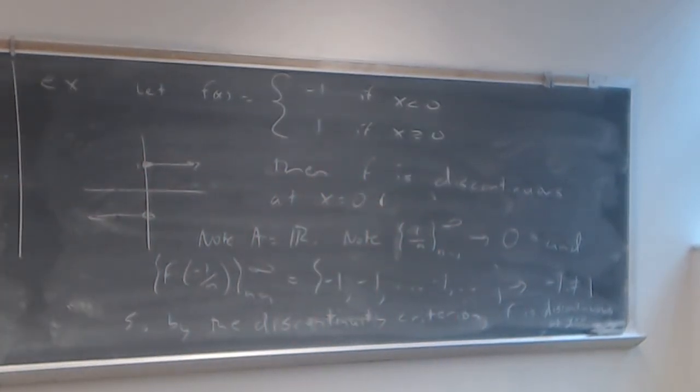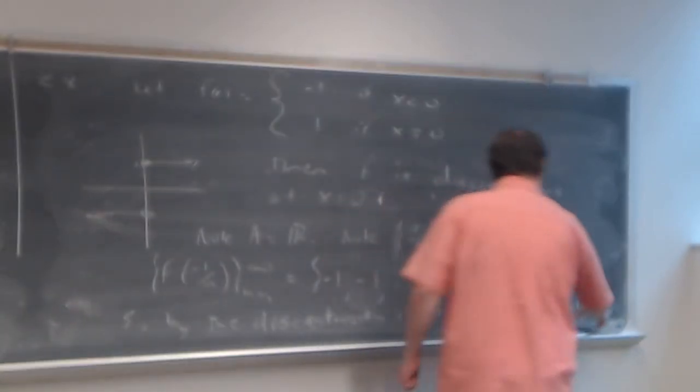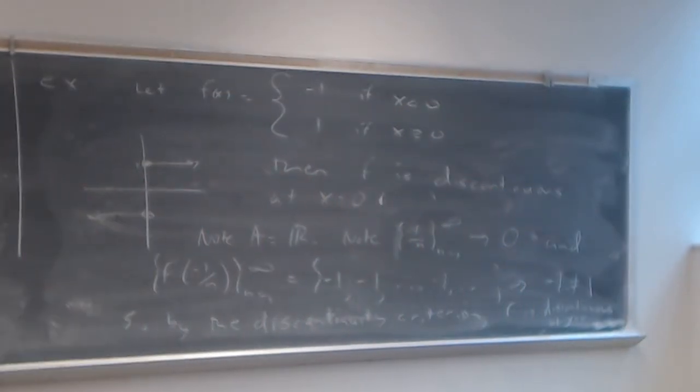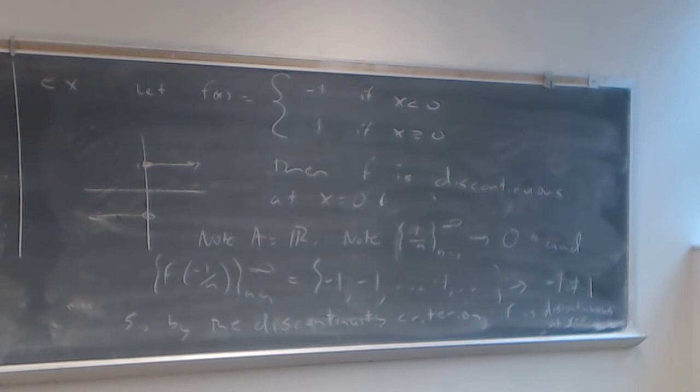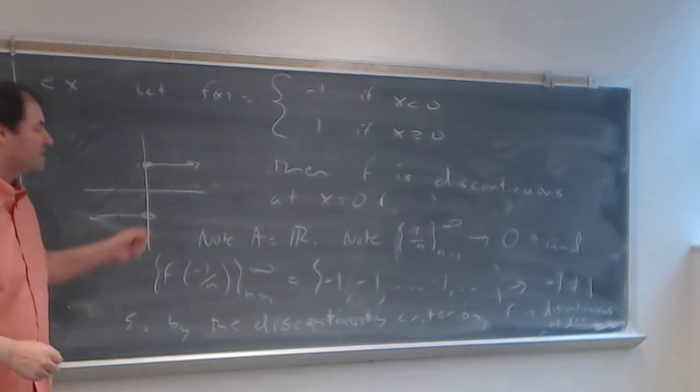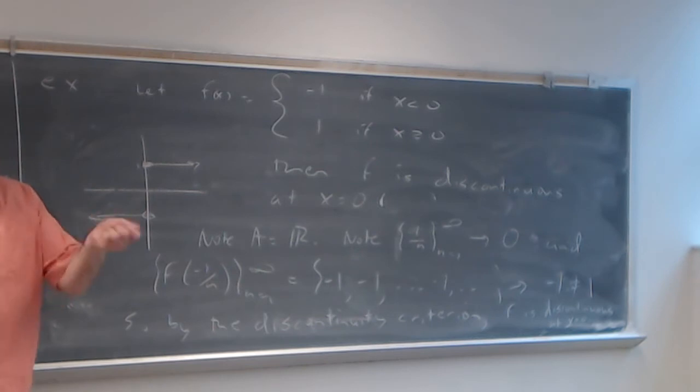I'd like to look at one other example before I move on. Let me let you have time to write this down, and I'll come back to this picture just for a second. When I was a student, I was told by my teacher that when you're looking at a graph, you can tell where the function is discontinuous.